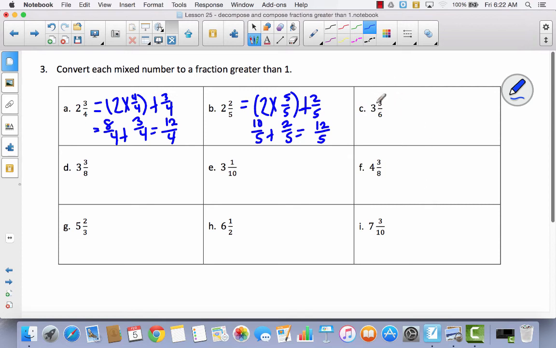Okay, so I've got 3 and 3/6. That is 3 times 6/6 plus 3/6. So 3 times 6/6 is 18 sixes plus 3/6 equals 21 sixes. Okay, so let's do 3 and 3/8.